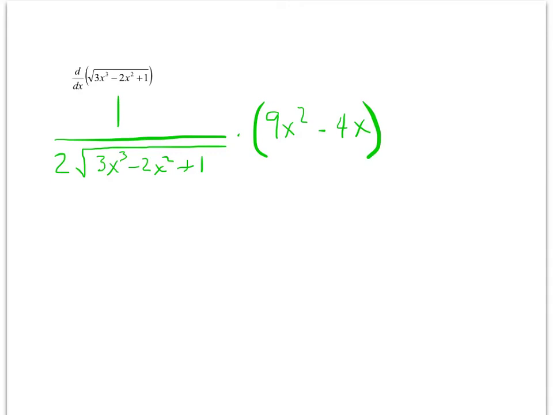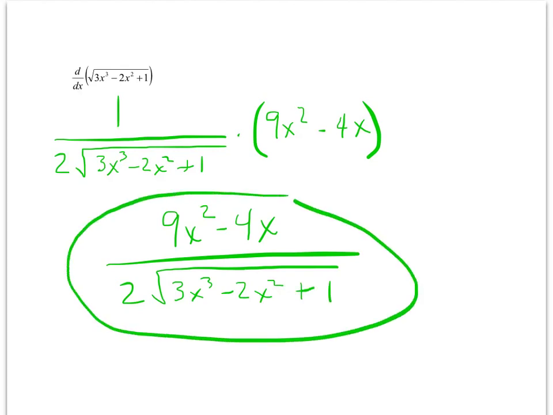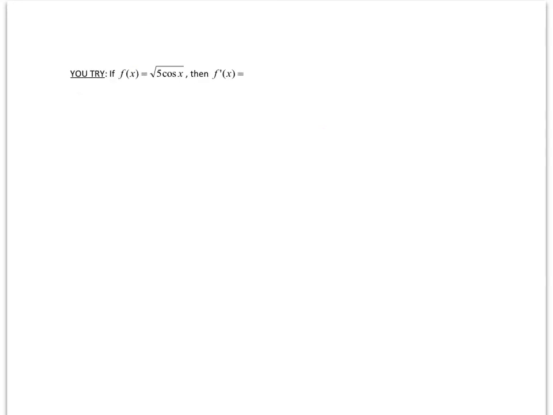And so now what I will typically do is multiply these fractions together and end up with a combined (9x squared minus 4x) over 2 square root of 3x cubed minus 2x squared plus 1. And that is my derivative for this function, which was a square root, but it had something inside. So I had to remember about the derivative of the inside going here and multiplying on the outside.